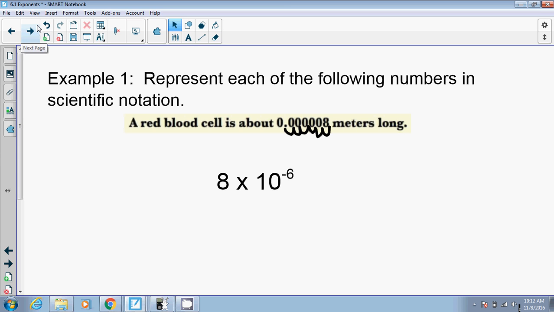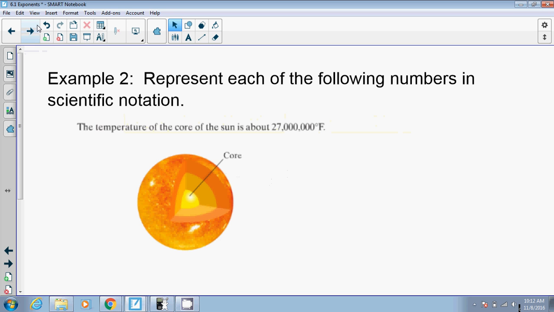All right, so let's try another example where we're expressing a value in scientific notation. So again, it's a proven fact that we know the temperature of the core of the sun is about 27 million degrees Fahrenheit. And when you look at this number really quickly, you might not realize it's 27 million.